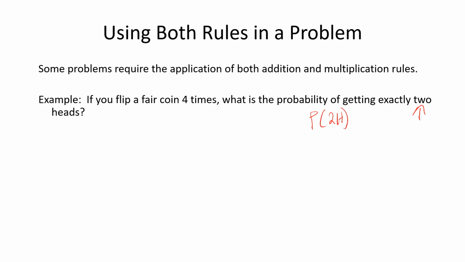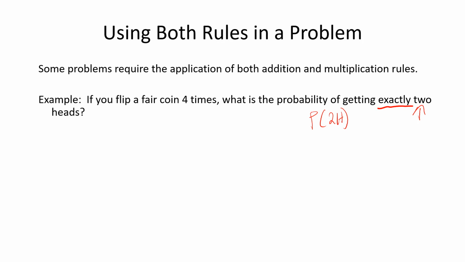So we're not looking at 1 heads. We're not looking at 0 heads. We're not looking at 3 heads. We're not looking at 4 heads. We're only looking at the possibility or the probability of getting exactly, this exactly is a big word, exactly 2 heads. This is actually going to lead us to our first probability distribution we're going to talk about coming up next.